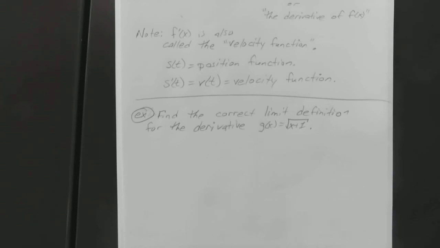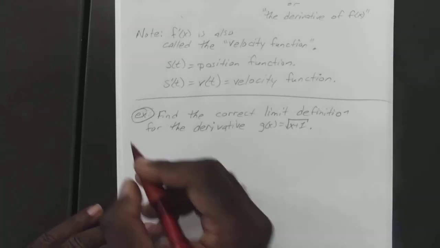Really this is just one of those set it up type of problems. You don't have to solve it just yet. We're going to solve it in a little bit. But right now we're just setting it up.